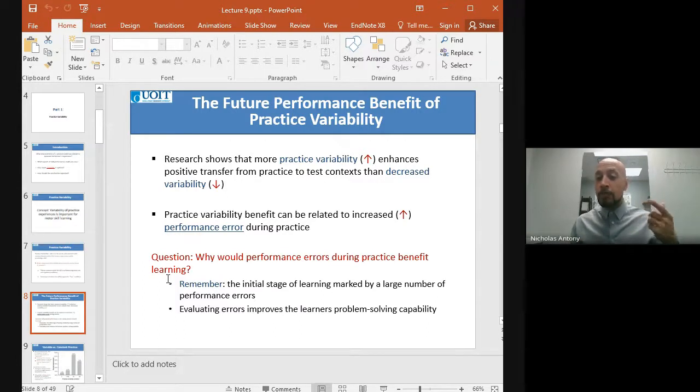And cognitively, remember in the cognitive stage of learning, what the learner is trying to do is figure out what to do and problem solve, right? And so by introducing variations, you're introducing more errors that the learner will learn to deal with, right? So that's going to lead to a better ability to deal with variations in real life when they're performing the skill in a test situation or a real life situation or in a game. Does that make sense, everyone?